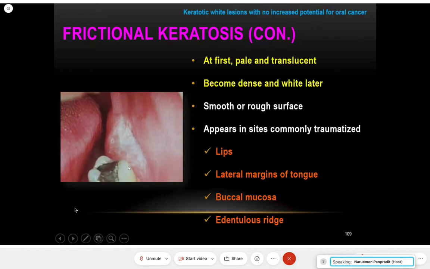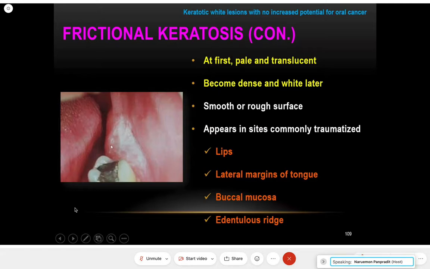This is an example in the edentulous area of number 3 area. You see the white plaque cannot be wiped off. If you suspect frictional keratosis, what is the possible cause?